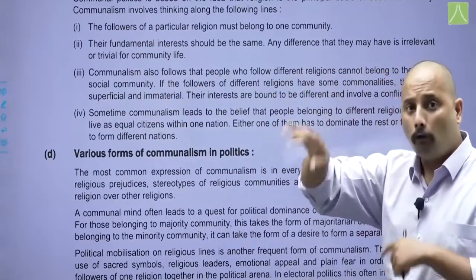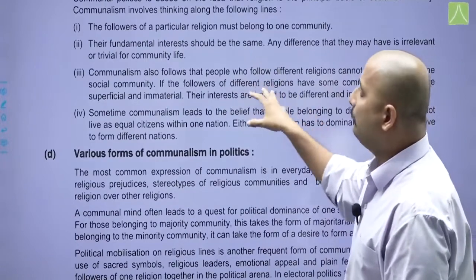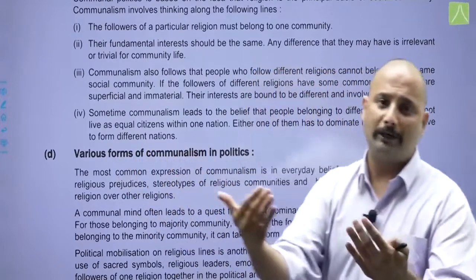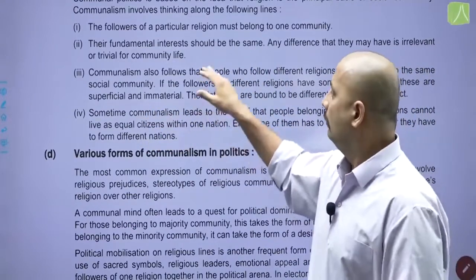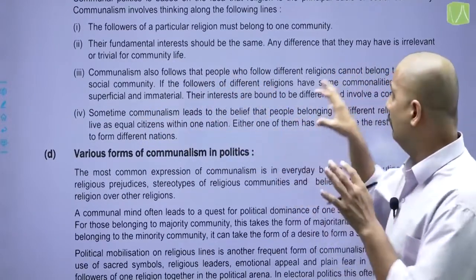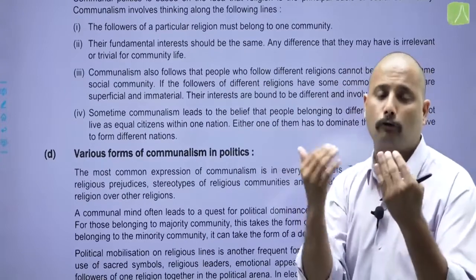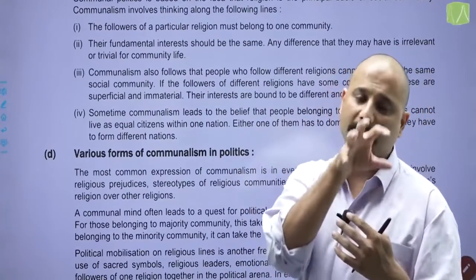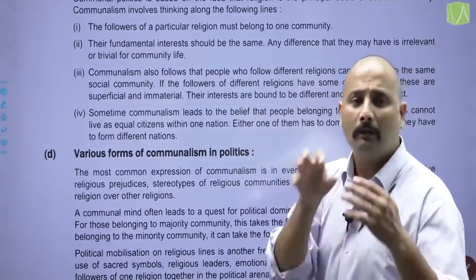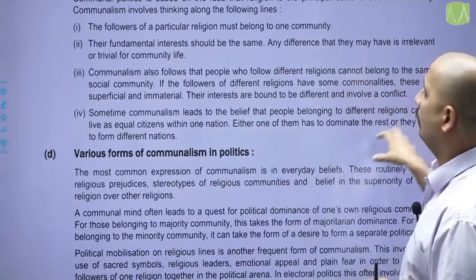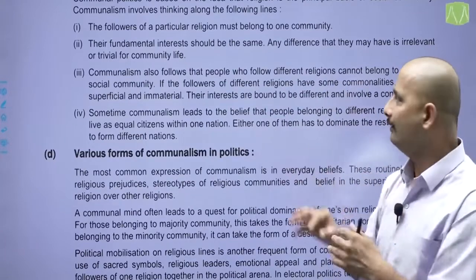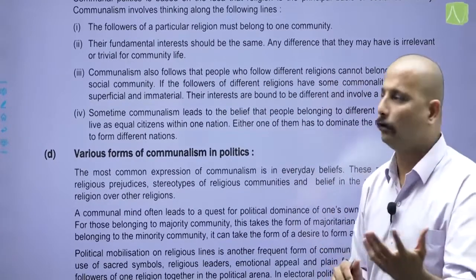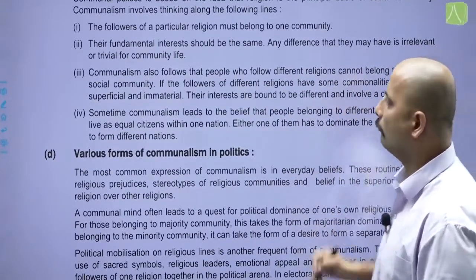Communalism also says that people who follow different religions cannot belong to the same social community. If the followers of different religions have some commonalities, that is, some common understanding over certain issues, that is again irrelevant. These are superficial and immaterial. Their interests are bound to contradict in some way or the other, or to be different and involve a conflict.